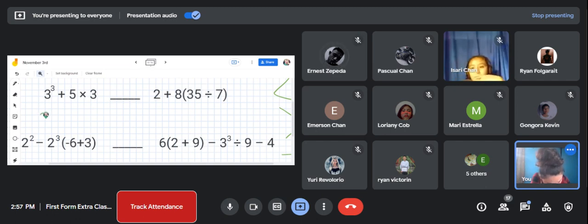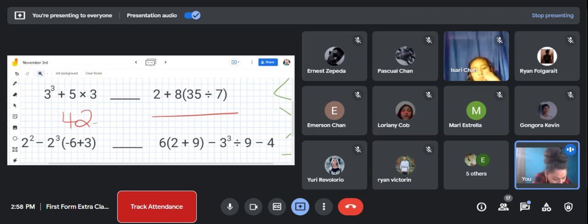Then what are you going to do, the addition or the multiplication? Multiplication. And how much does that give you? 15. And what is 27 plus 15? 42. Okay, very good. And you are going to solve the other side as well.